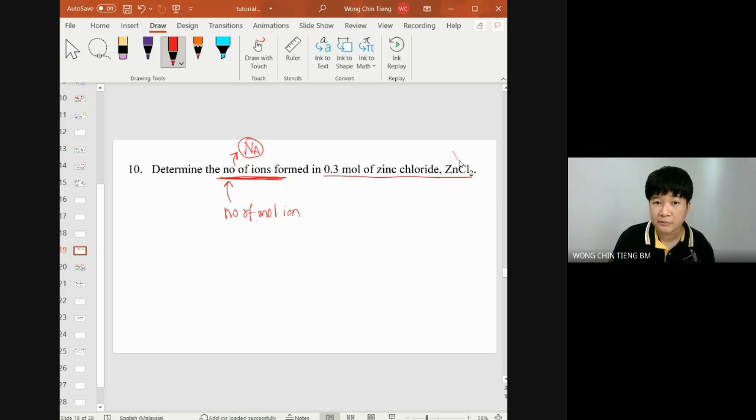So zinc chloride dalam ni, 1 mole zinc chloride. Saya nak, kalau betul yang ni sepatutnya akan betul lah. 1 mole zinc chloride akan dapat berapa mole ion? Nurin? 2 je. Jawapan lain? Orang lain? Fazli ni? Tak dengar suara you hari ni. Saya tak faham apa yang kawan kamu type tu.